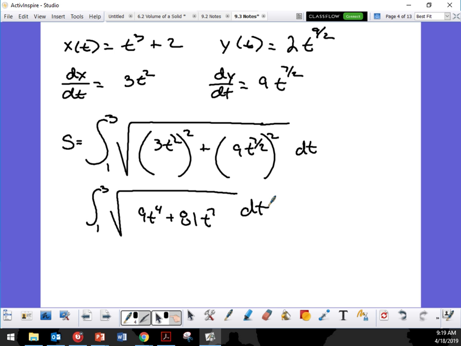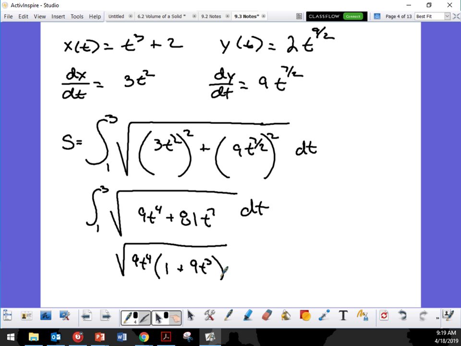So I'm going to take out 9t to the 4th, and I'm left with 1 plus 9t cubed. Yes?